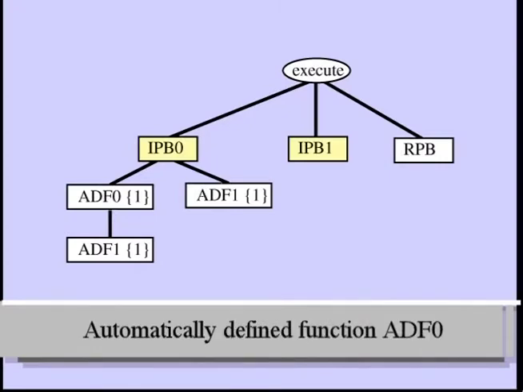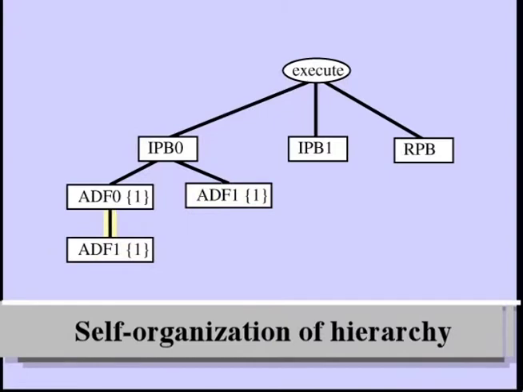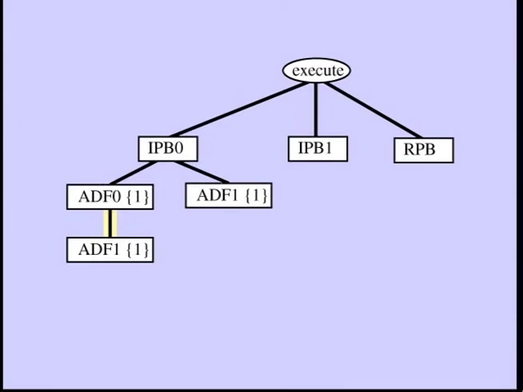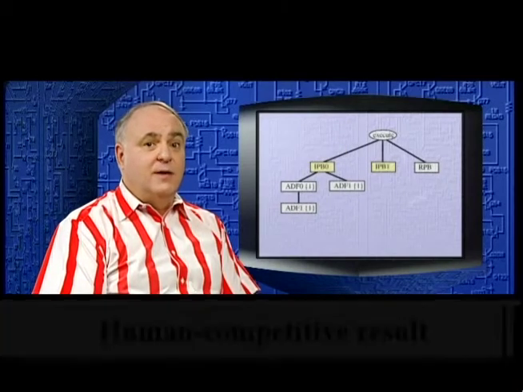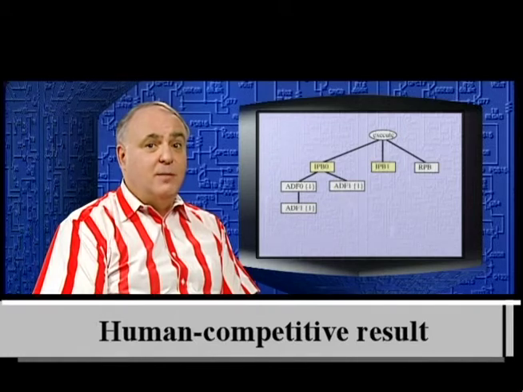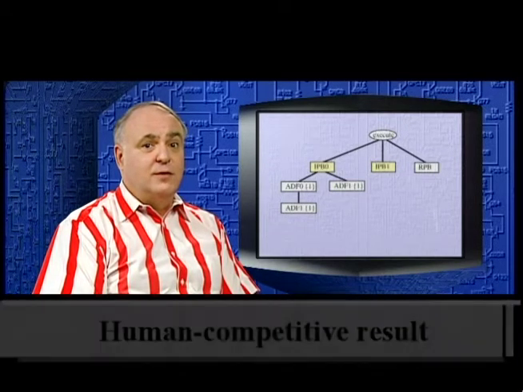The architecture-altering operations later automatically introduced one subroutine, and then another, and then automatically created the hierarchical reference by which one subroutine called the other. The best of run individual possesses 2 iteration-performing branches that together produce a biologically interpretable result that is slightly better than the previously published human-written algorithms for this problem.